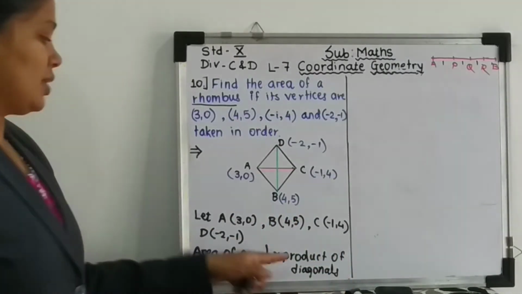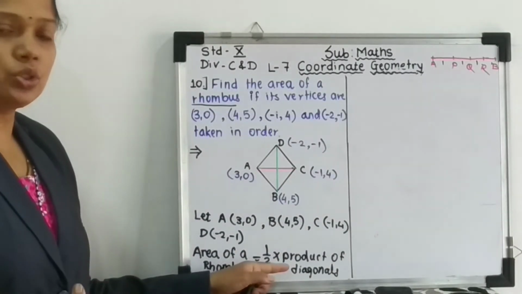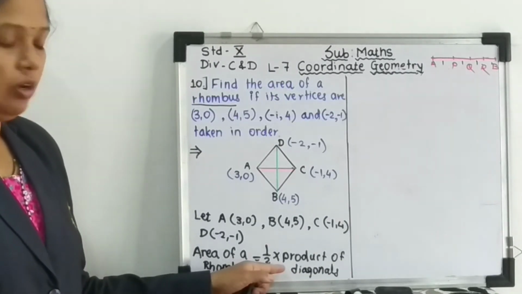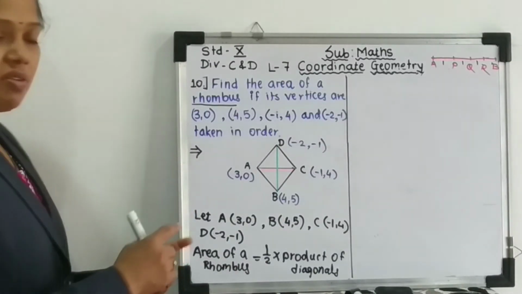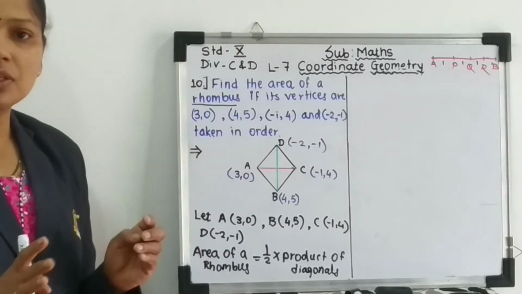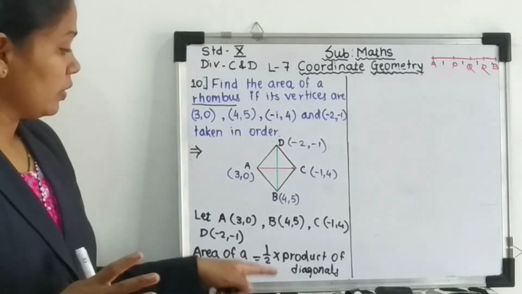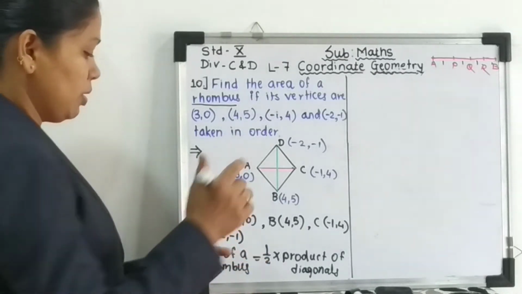In the exam no one is going to give you a hint. Here it is given only for practice purposes, the hint is given in the textbook. If the same question comes in the exam, you will not get that hint. So we have to learn those formulas by heart.